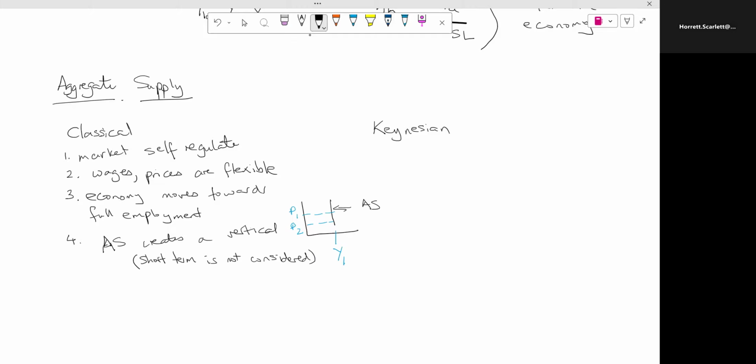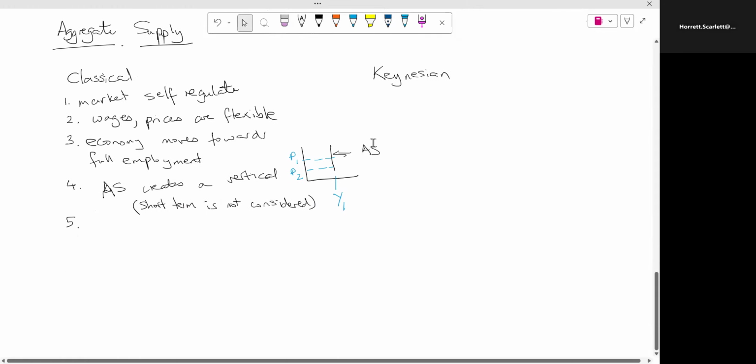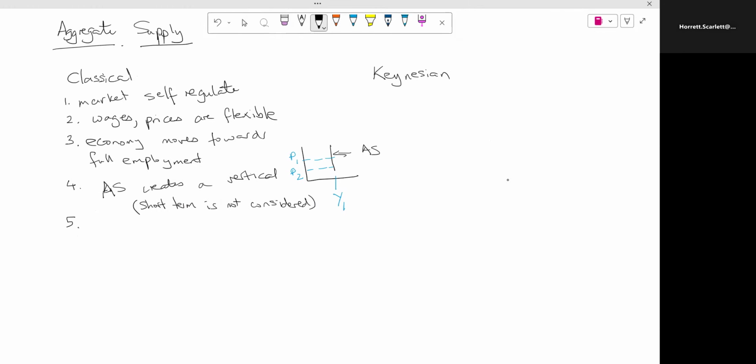Another thing that we want to bear in mind about the classical model is that it is believed that production is guided by the ability to produce. So this is based on ability to produce.